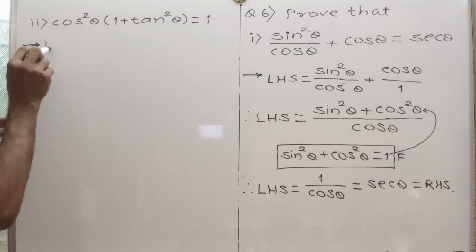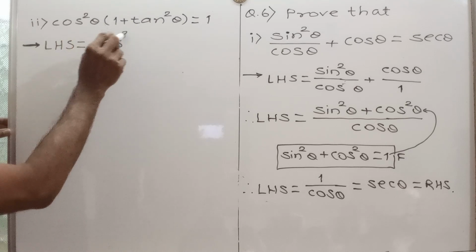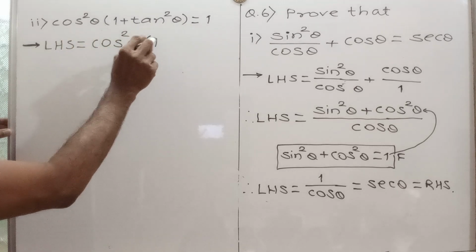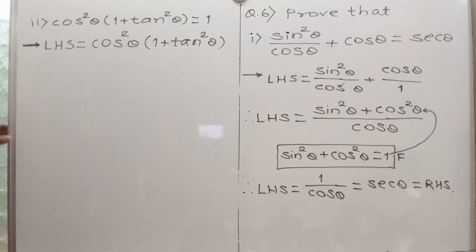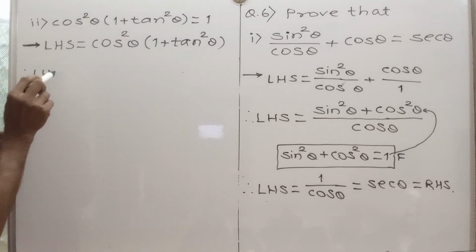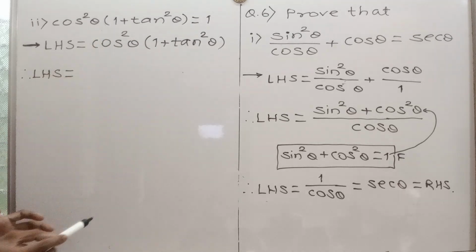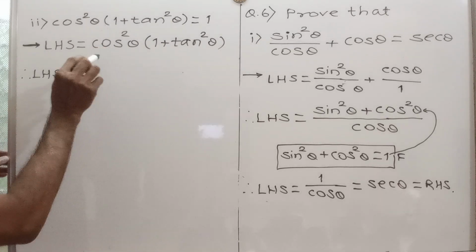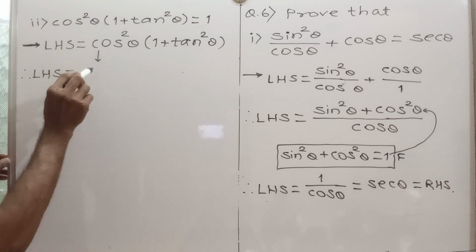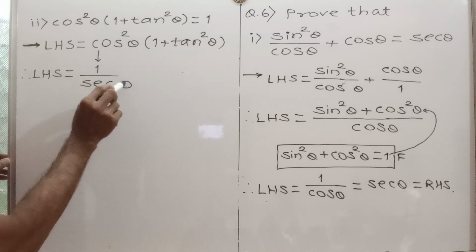LHS is equal to cos² θ into (1 + tan² θ). This is our LHS. Now, therefore, we write here LHS is equal to cos². The formula for cos θ, or cos A, but here cos θ, is 1 upon sec θ.